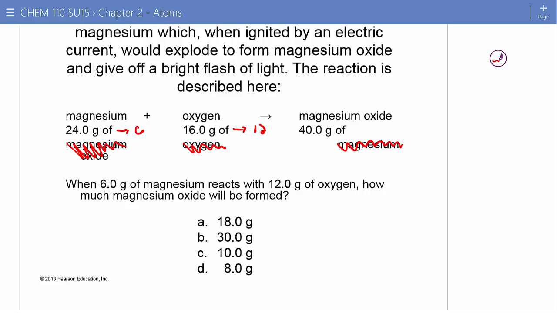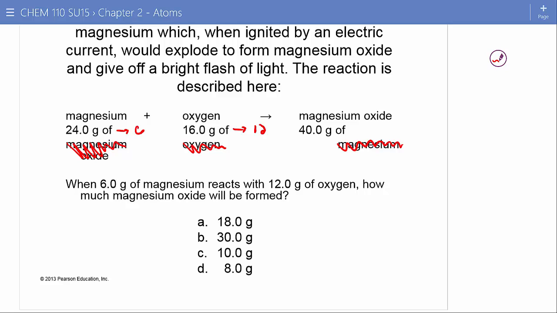So in this case, it's saying, all right, we cut out the magnesium. We're going to react it with the oxygen. And how much oxygen do we need for every gram of magnesium? This one's a little tricky.